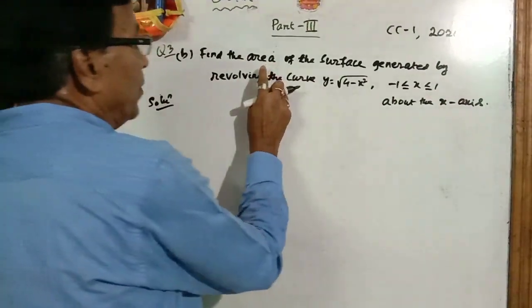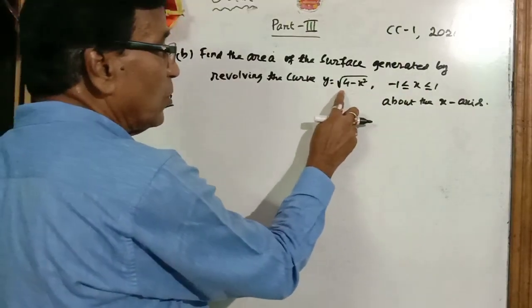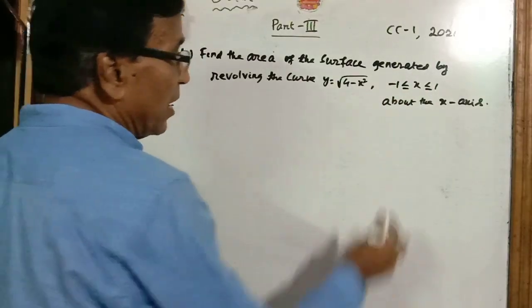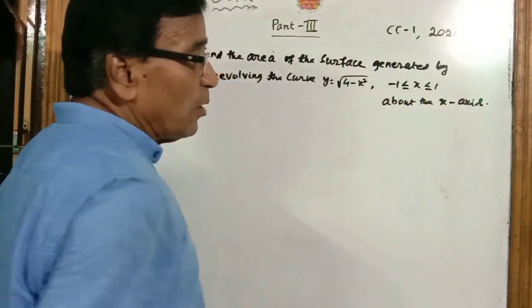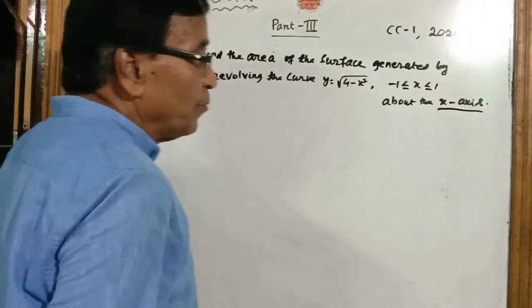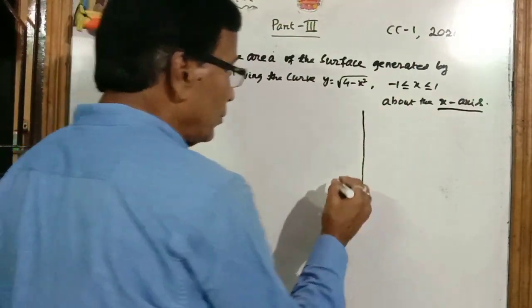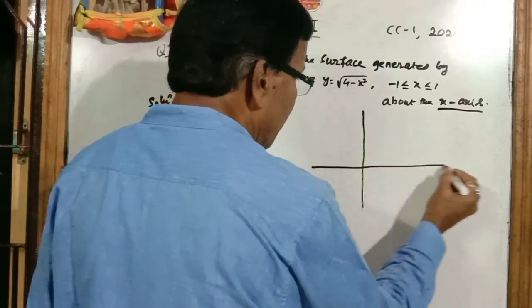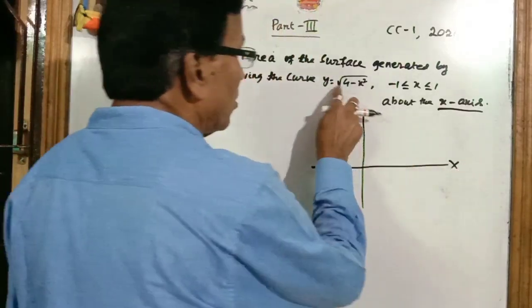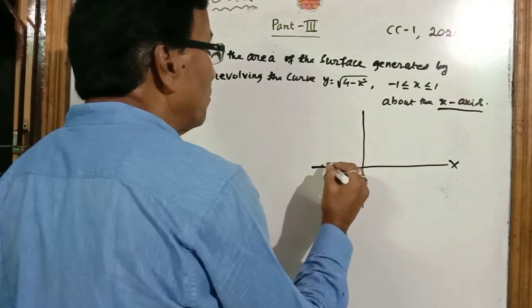To find the area of the surface generated by revolving the curve y is equal to square root of 4 minus x square, where x is greater than or equal to minus 1 and less than or equal to 1, about the x-axis. Here you see that the curve y is equal to square root of 4 minus x square represents a circle.